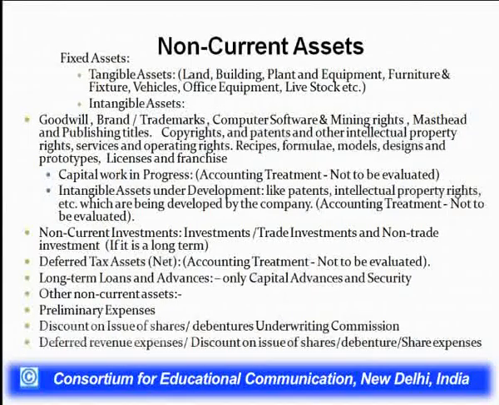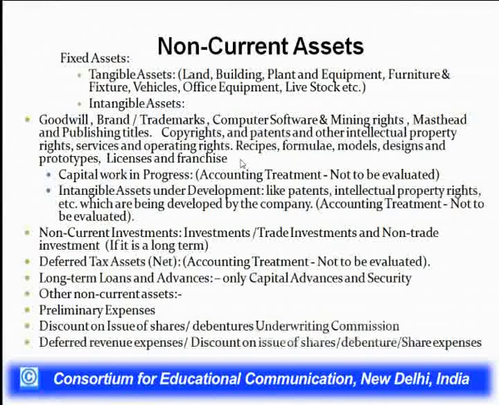It says, initially goodwill, brand, trademarks, so they all are known examples of intangible assets. Other than that, we have computer software, mining rights, masthead and publishing titles, copyrights, patents, intellectual property rights, services and operating rights, recipes, formulas, models, designs, prototypes, licenses and franchises, right?